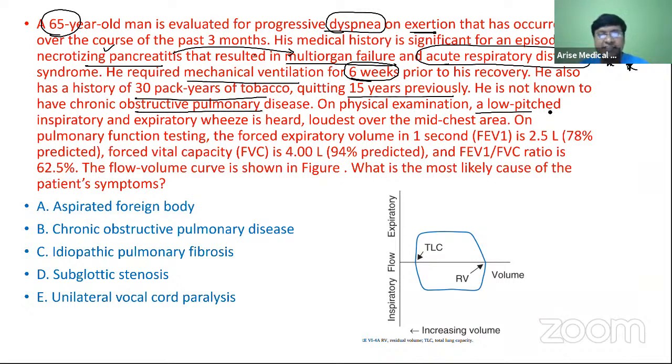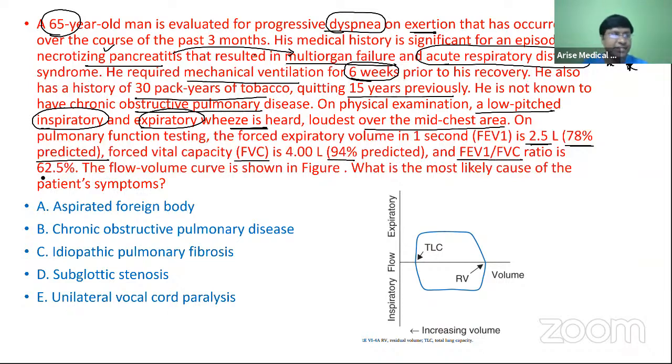On physical examination, a low-pitched inspiratory and expiratory wheeze is heard, loudest over the mid-chest area. On pulmonary function testing, the forced expiratory volume in 1 second is 2.5 liters, that is 78% predicted, and FVC is 94% predicted.